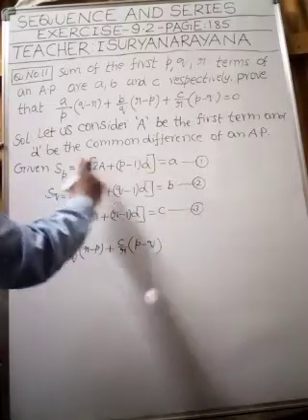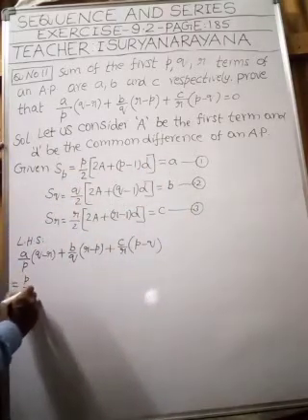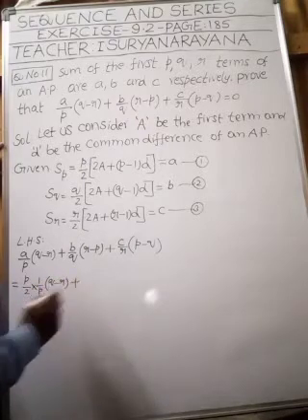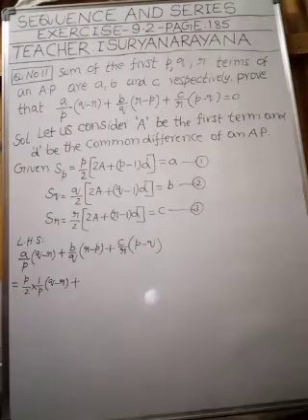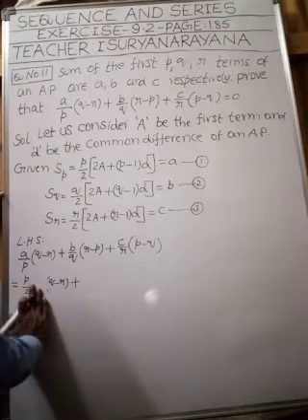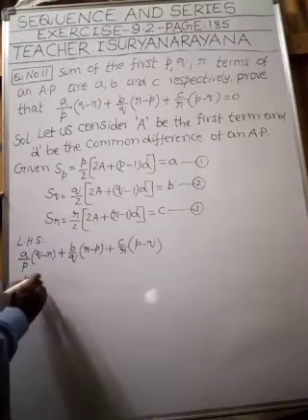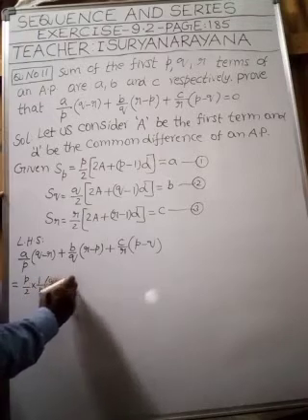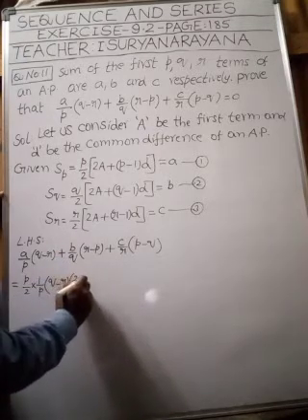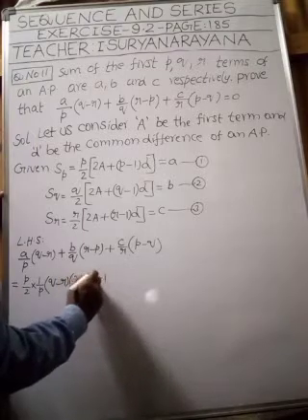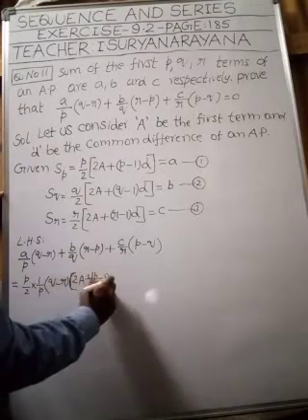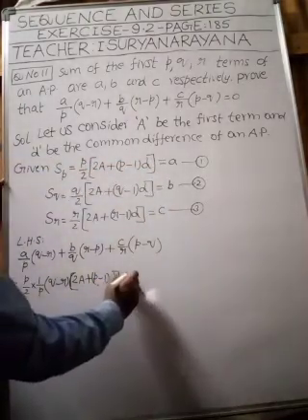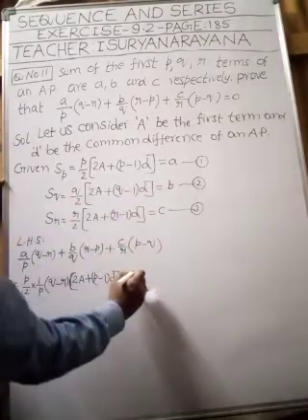What is A here? This one, P by 2. So P by 2 into 1 by P into Q minus R into 2A plus P minus 1 into D. Understood this first term? We are substituting the A value. Plus B, what is B here? Q by 2.